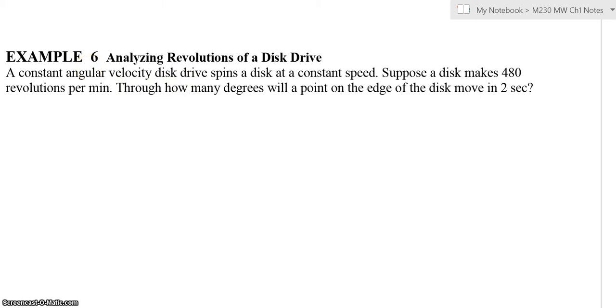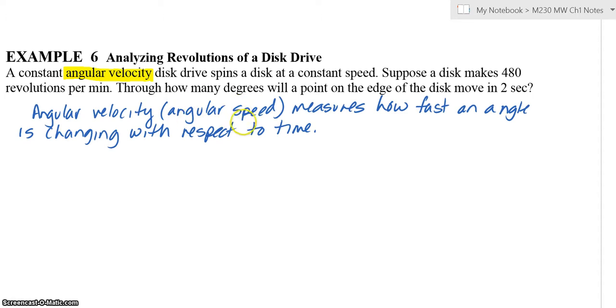What is angular velocity? Angular velocity measures how fast the angle is changing with respect to time, sometimes known as angular speed. This is different than the kind of speed we usually talk about when we talk about miles per hour.